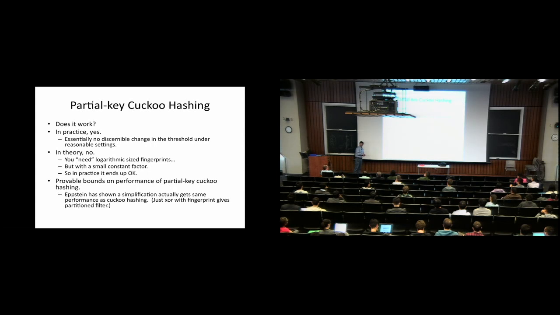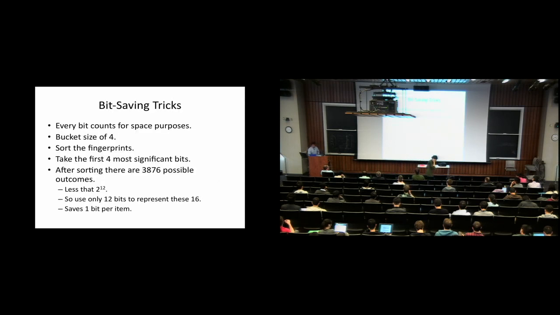You can get pretty big numbers and have log n over 8 be pretty small. And so the theory is sort of telling you, asymptotically, you might need big fingerprints, but in practice, you actually will be okay. There's some recent work, if anyone's interested in this, by David Epstein that has some provable bounds on the performance of partial key cuckoo hashing that are worth looking at as well.